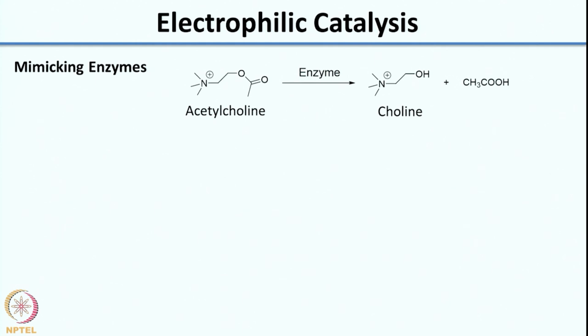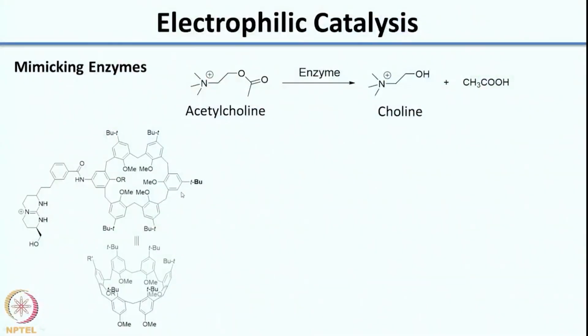So the reaction shown on your screen, you have acetylcholine, this is the structure of acetylcholine. This is hydrolyzed to give you choline and acetic acid. Now the enzyme that does this is called acetylcholine esterase. So what it is doing is it is hydrolyzing the acetylcholine.